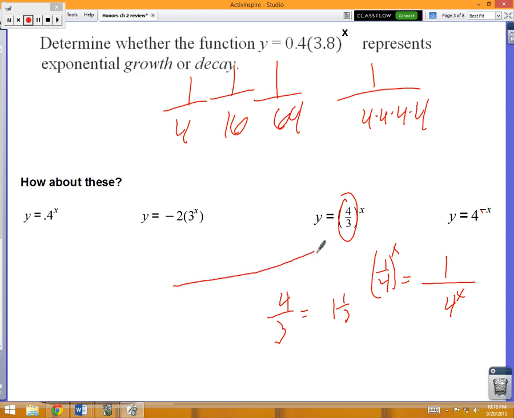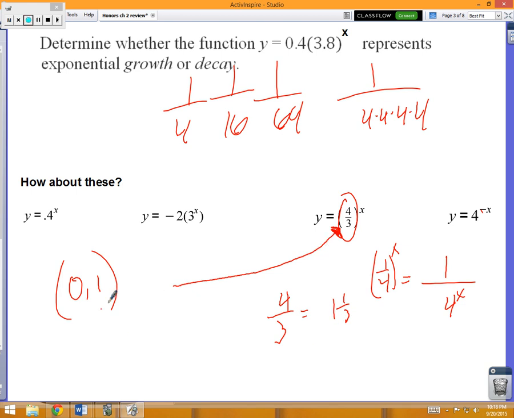So here is the trick. Whatever this is, if it is a number between 0 and 1, it's going to shrink, it's decay. If it is anything bigger than 1, like this one was 1 1/3, anything bigger than 1, that's growth.